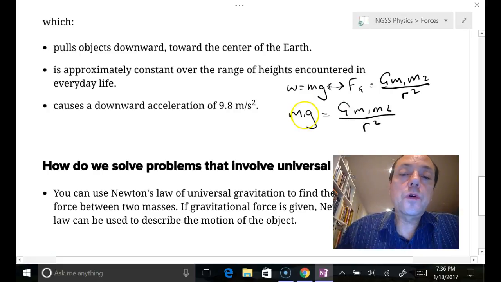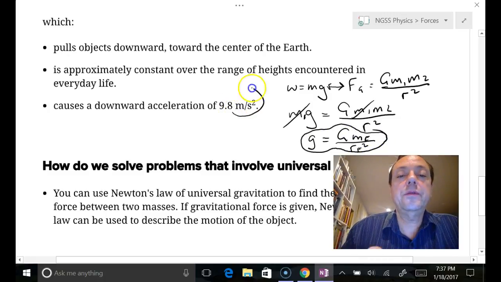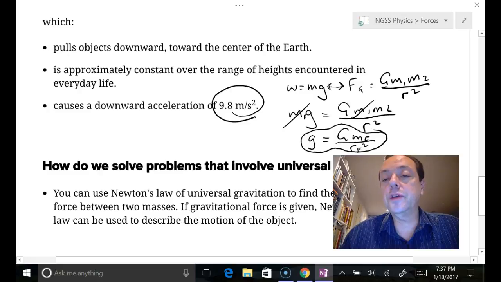If m1 is the mass of the object you're considering, then it would divide out, and you could come up with a number for g, where m2 is the mass of the Earth and r is the radius of the Earth squared. You could come up with a number that's going to be really close to this given number of 9.8 meters per second squared.